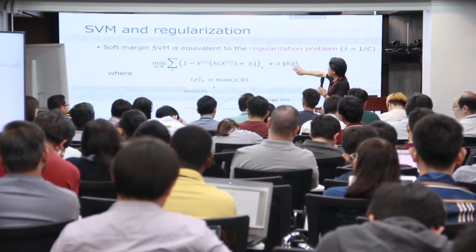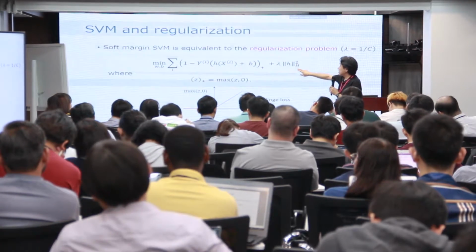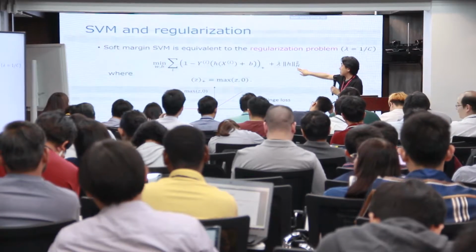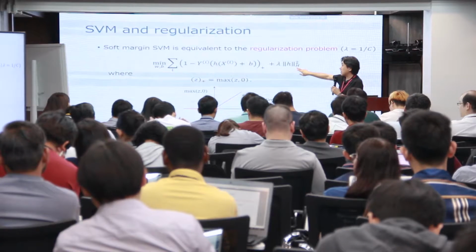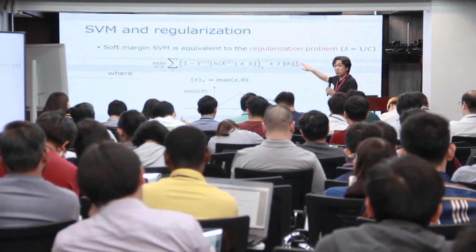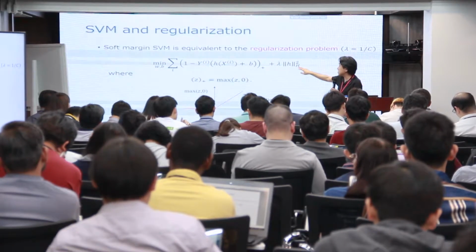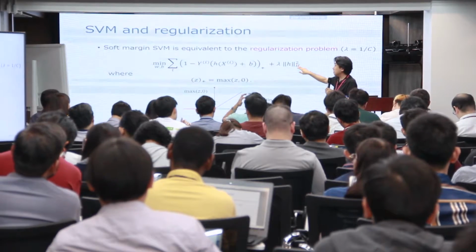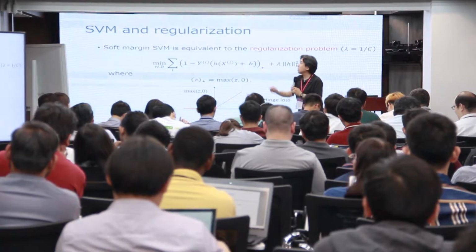This part comes from the original objective function of the support vector machine. And you may remember that kernel ridge regression has a similar regularization term, given by the squared norm. This can be regarded as a regularization added to this loss function.